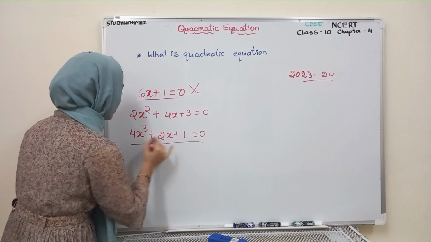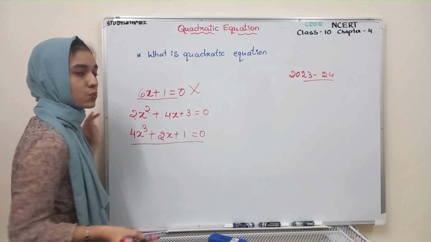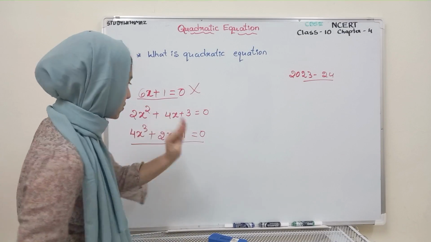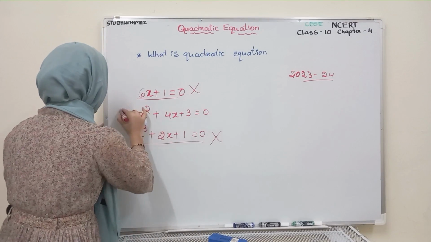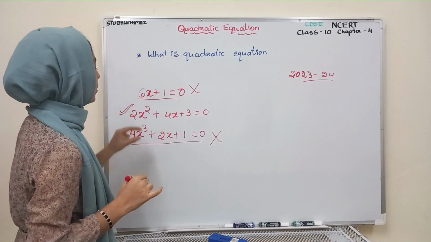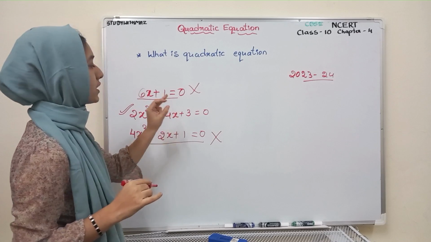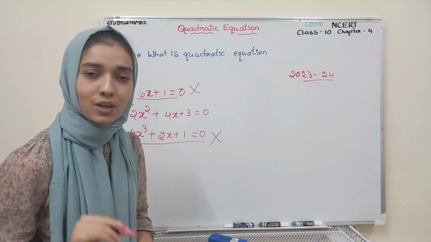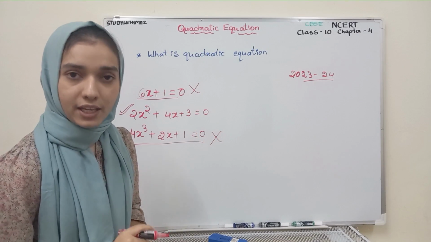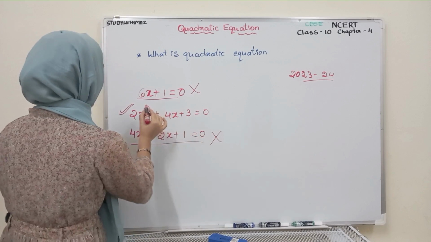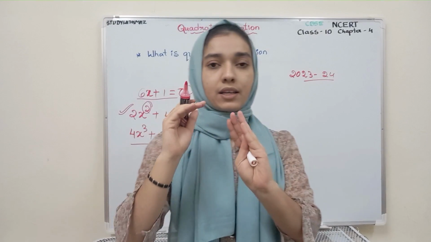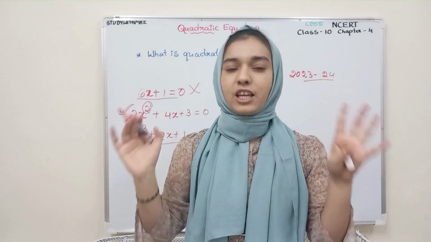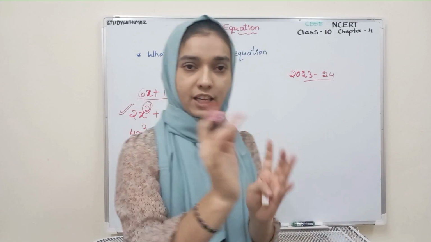And 4x cube plus 2x plus 1 equal to 0 is also not a quadratic equation. So only this second one, 2x square plus 4x plus 3 equal to 0 is your quadratic equation. Why? Because you only have to see the power. If x power is 2, then that equation is quadratic equation.